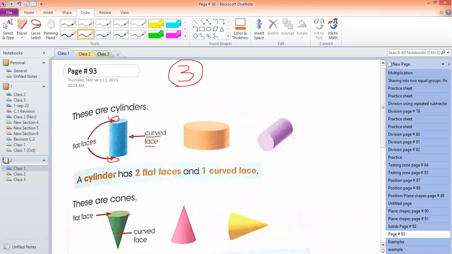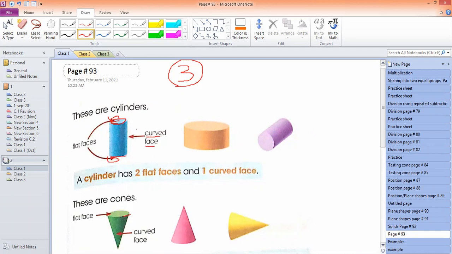If I ask you about the edges, you will say, sir, it has 2 edges. This is edge 1 and this is edge 2. Remember edges, what is edge? Where one face meets another face. So this curved face is meeting the flat face here with this edge, and this curved face is meeting the flat face on the bottom with this edge.